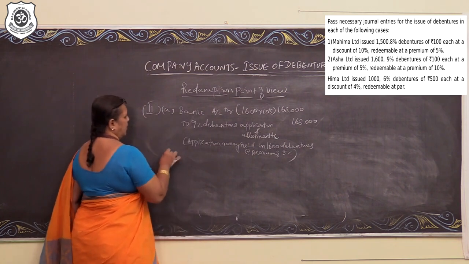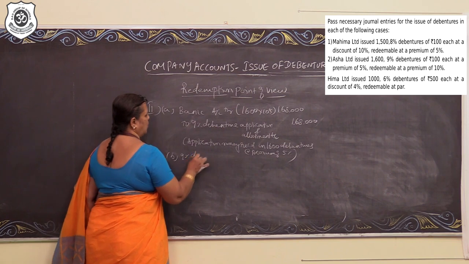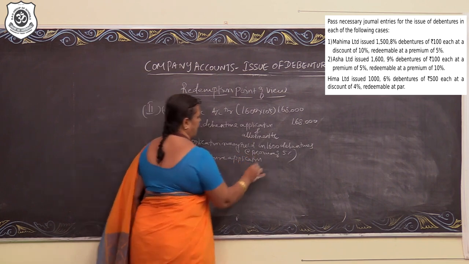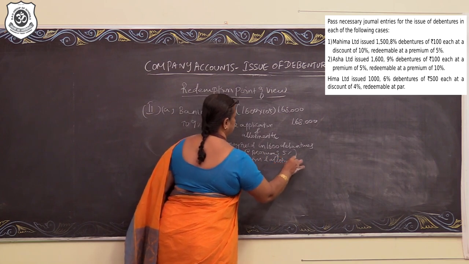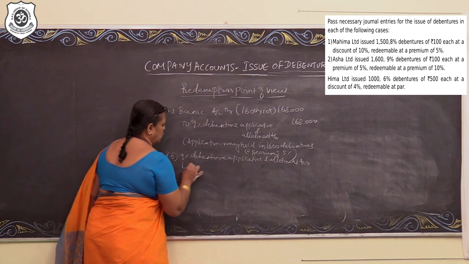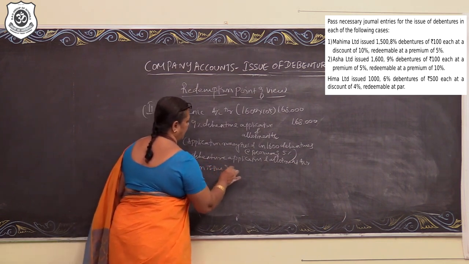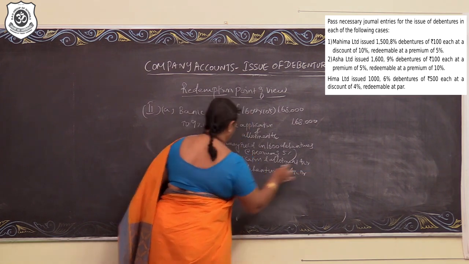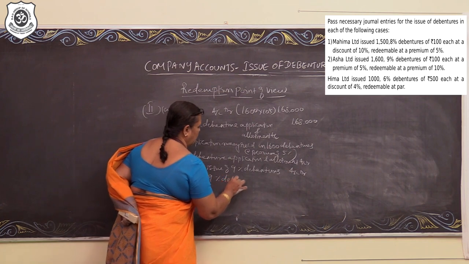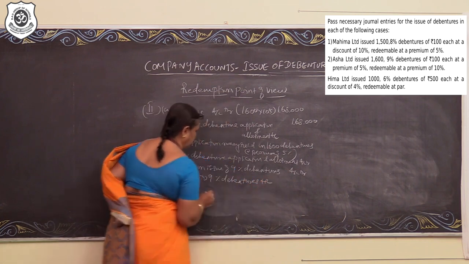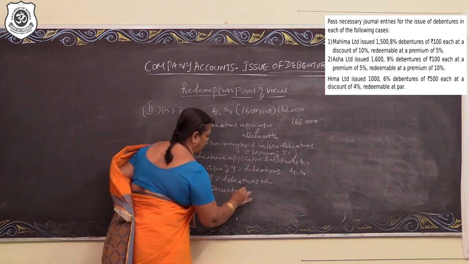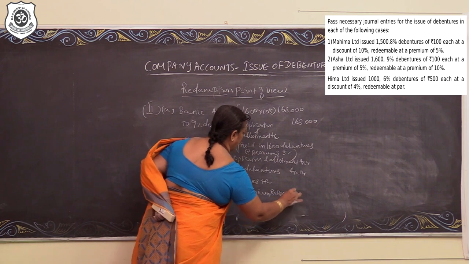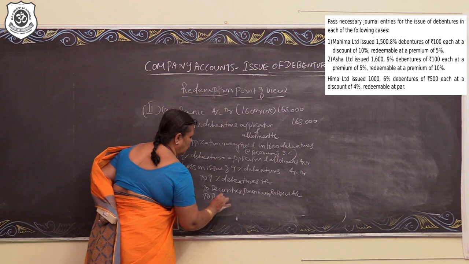The second entry is for transferring the application money to debentures account. 9% debenture application and allotment account debit, loss on issue of 9% debentures account debit, to 9% debentures account, to securities premium reserve account, to premium on redemption of debentures account.